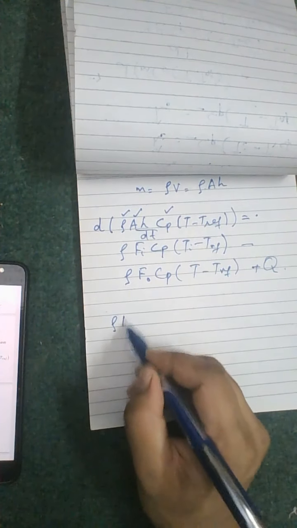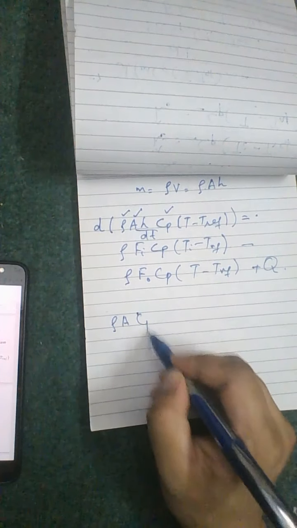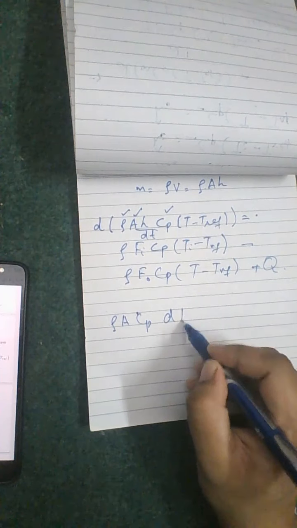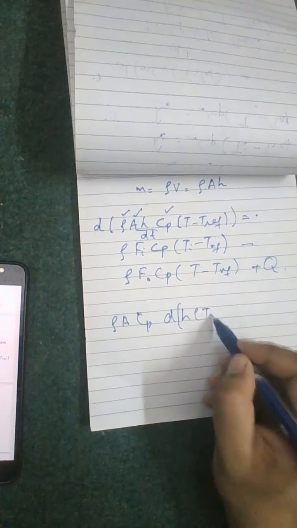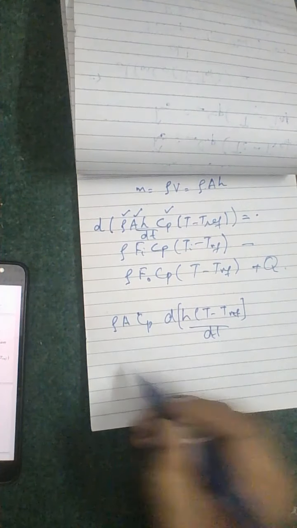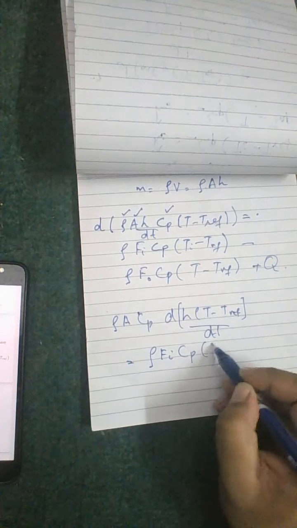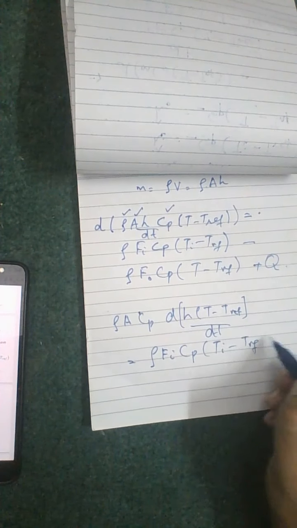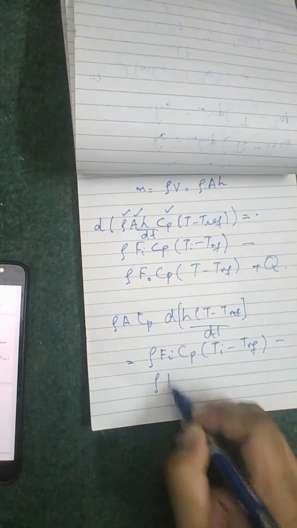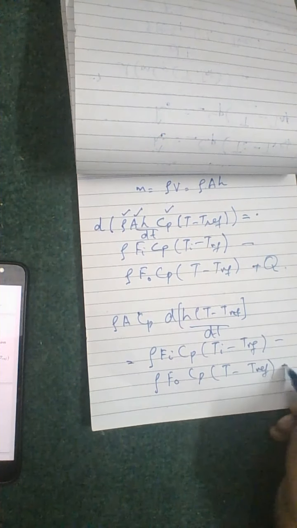It will be rho A Cp d of h (T minus T reference) over dt is equal to rho Fi Cp (Ti minus T reference) minus rho F naught Cp (T minus T reference) plus Q.